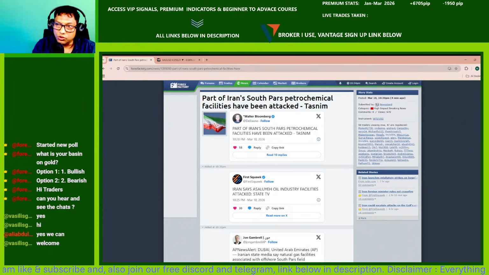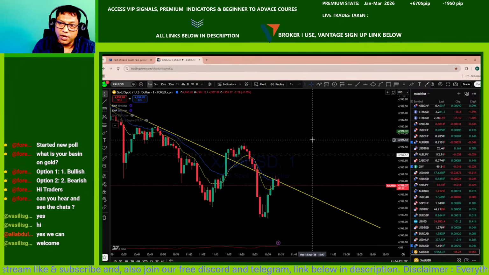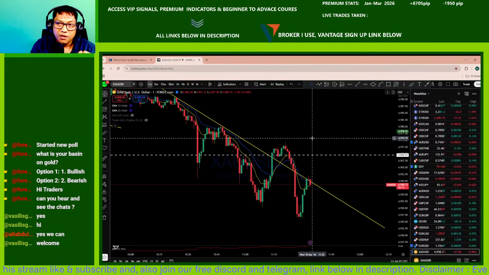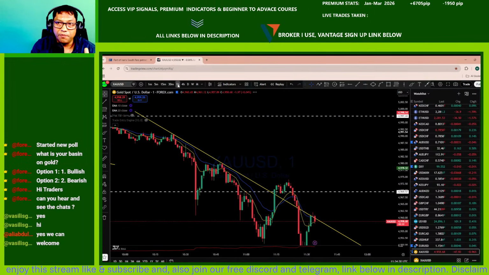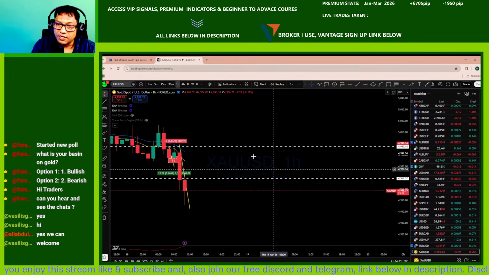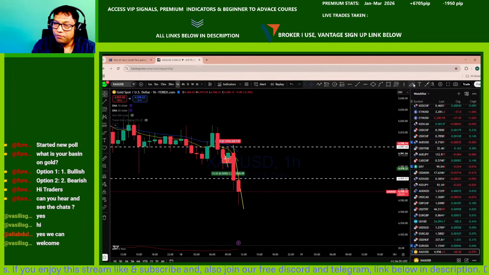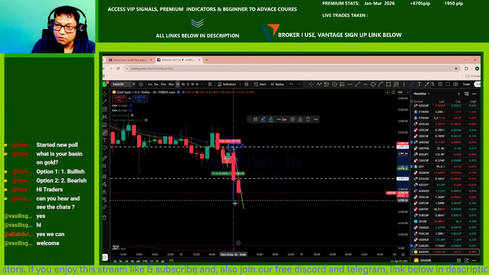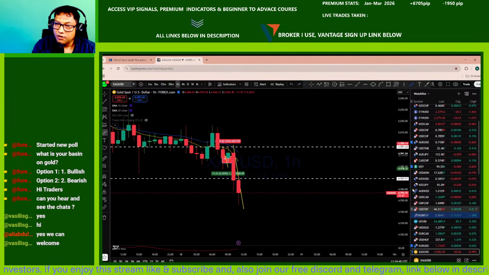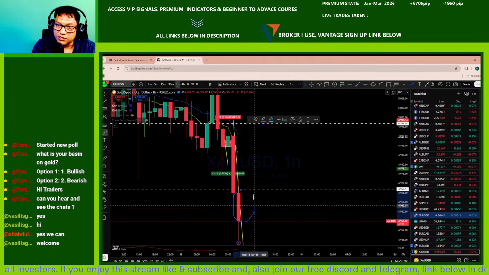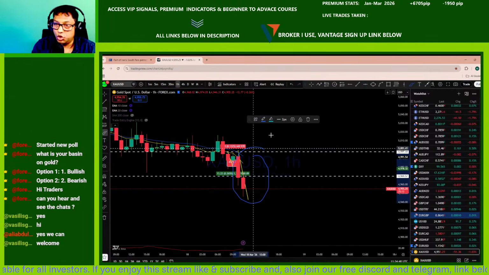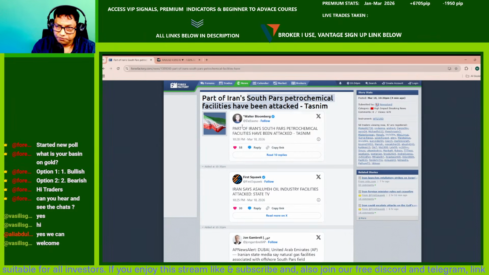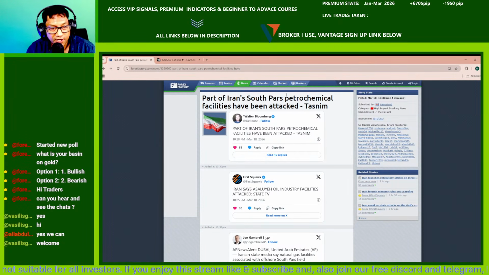As soon as this news comes, that's why I always tell you guys to look at the high impact news, because if you look here, this is the 1 hour liquidity zone, the market has dropped down here, and these two 1 hour candles were the two biggest candles, and this news directly influenced the market in that area.